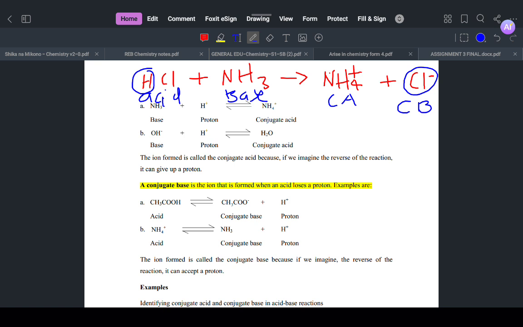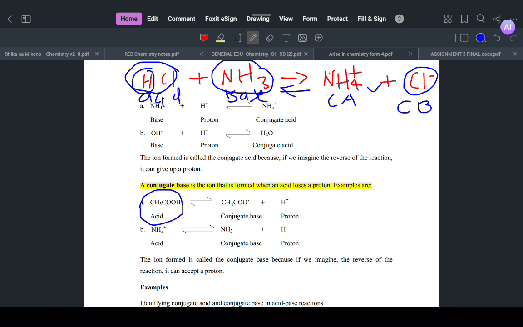Here we are imagining that if the reaction goes backwards, the Cl minus will have to gain a proton again from ammonium to form back the acid and the base that formed them. As another example, let's say we have acetic acid, which is ethanoic acid.